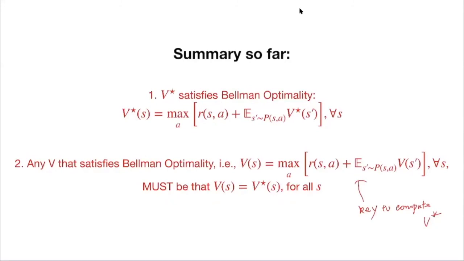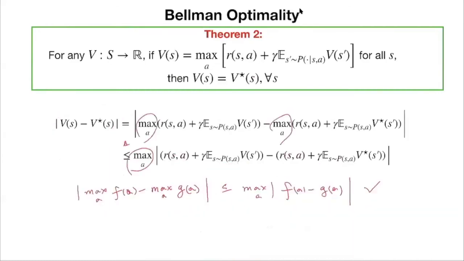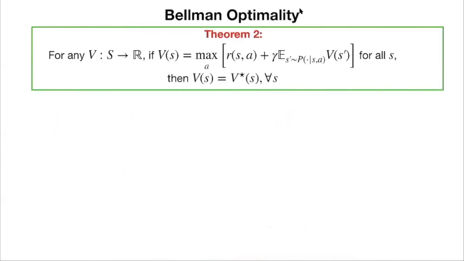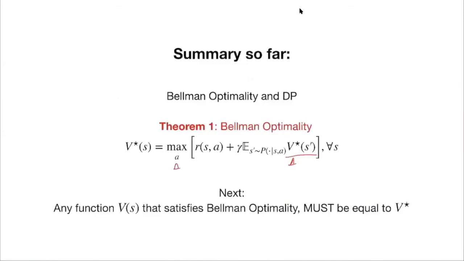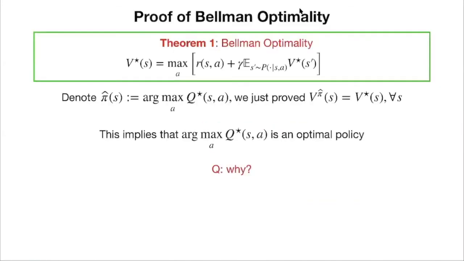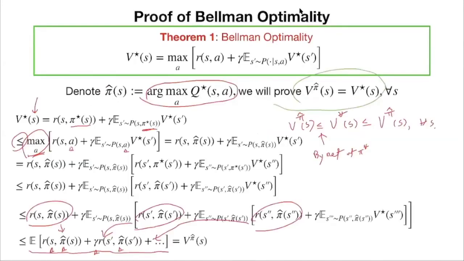Right, so we start with the Bellman equation, because we know that the Bellman equation holds for V star, since V star is the value function for pi star, and pi star is just a policy. Let me go back to one of the proofs.